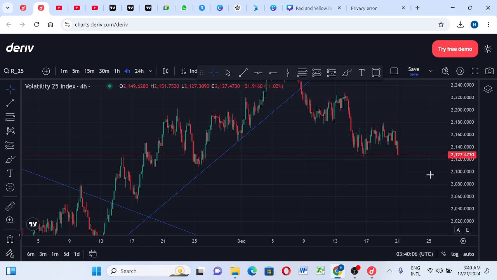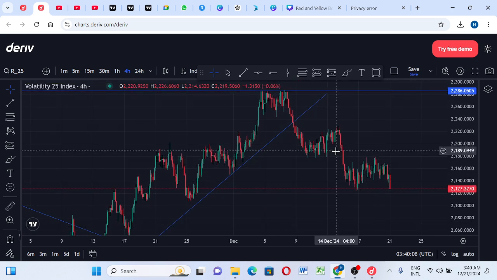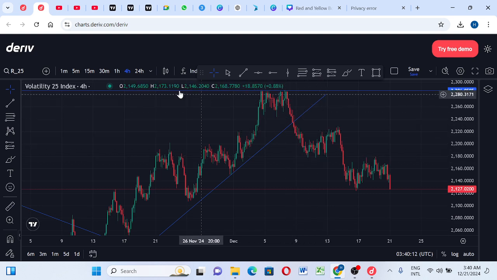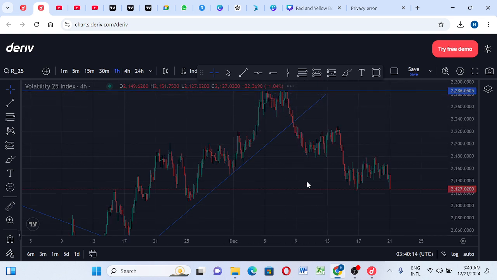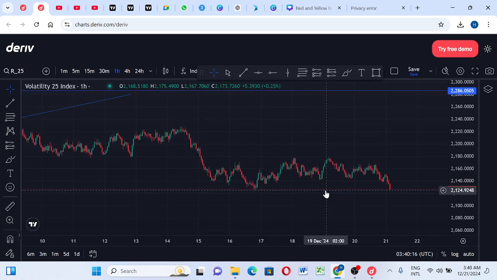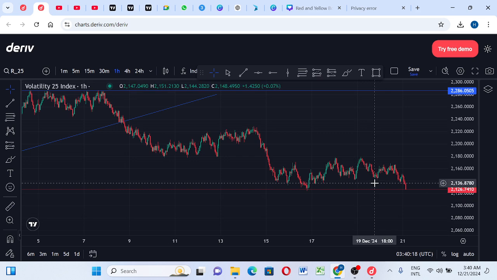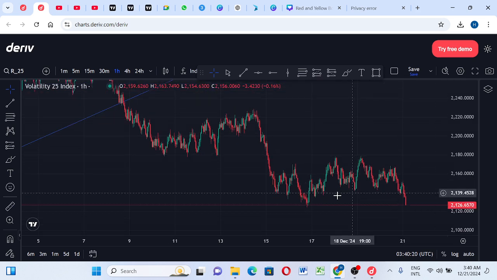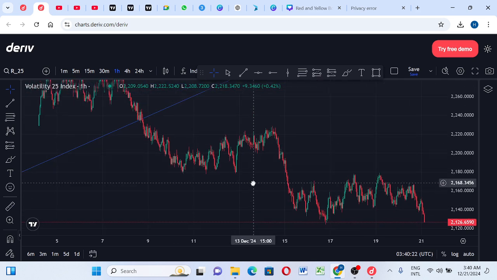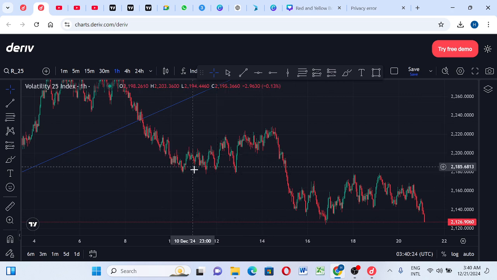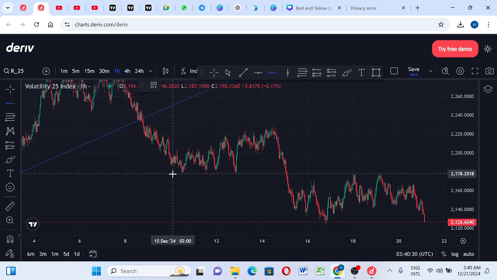So during this drop from this high to this point, after we got this break, we can go to the smaller time frame to see what we would like to see on this market. The easiest thing we saw was that price dropped, and it gave a break of this area here.